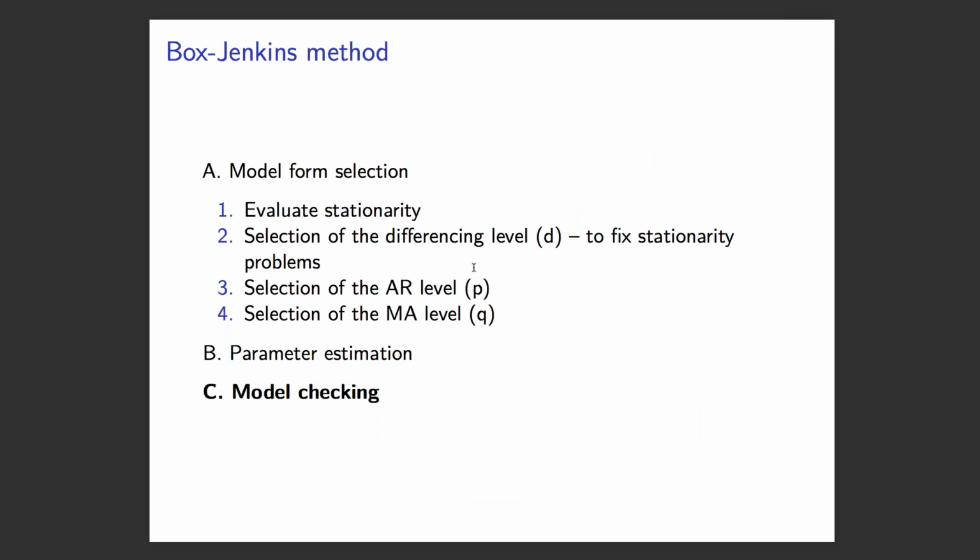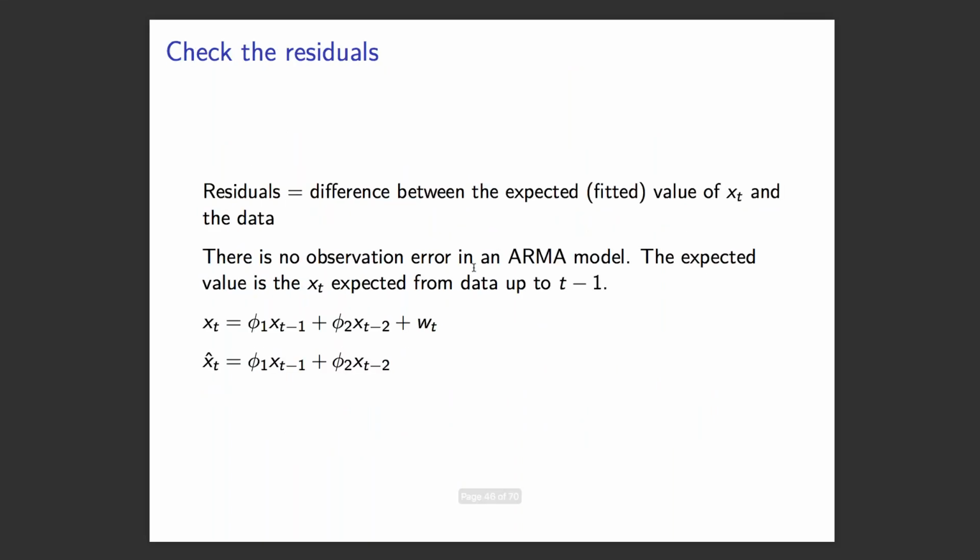Okay, last part, model checking. So basically, you're going to be looking at your residuals. In an ARIMA model, the residual is the difference between your expected value given the data up to t-1 and the actual data at time t.